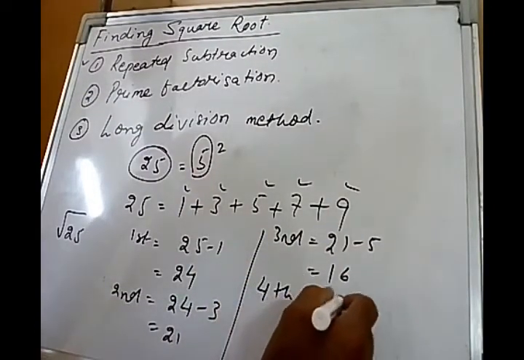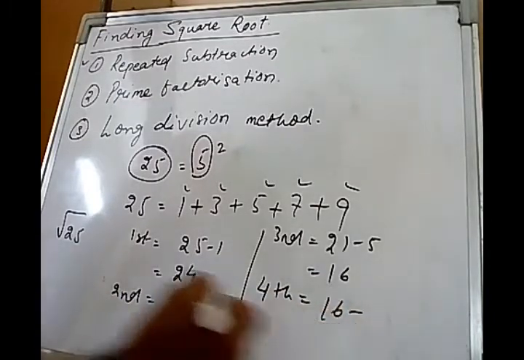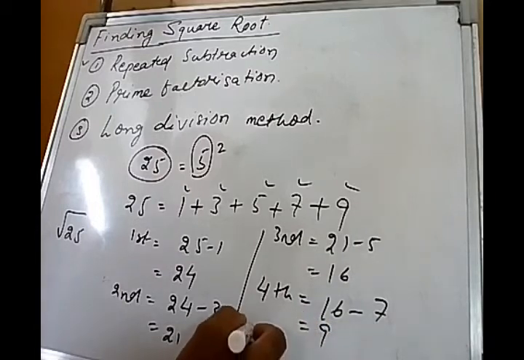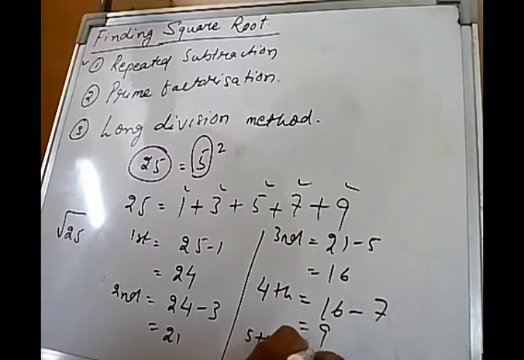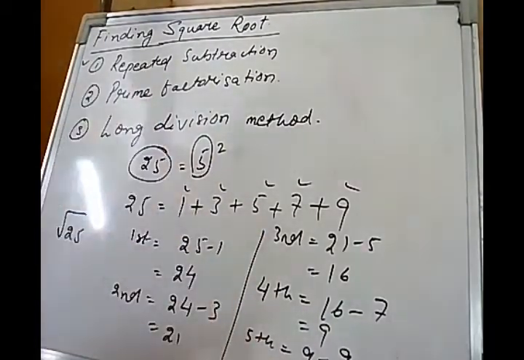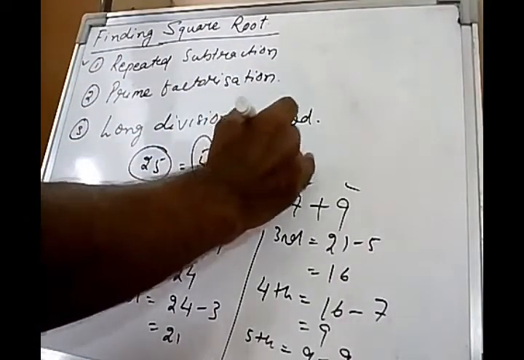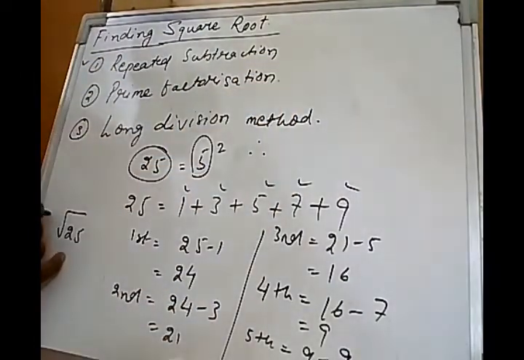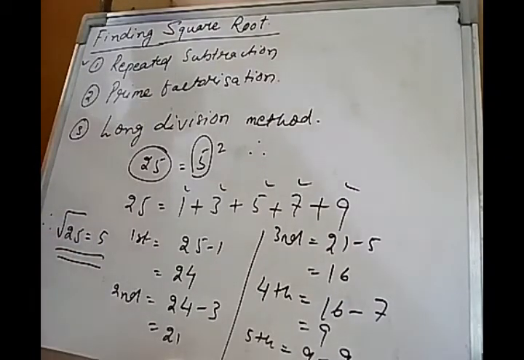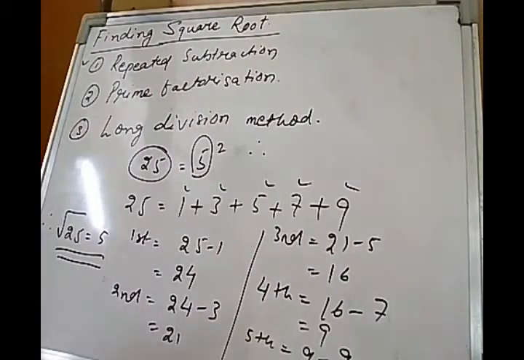Fourth one, the remainder is 16. 16 minus 7 equals 9. Now fifth one, 9 minus 9 equals 0. In how many steps did we get 0? 1, 2, 3, 4, 5. Therefore square root of 25 equals only 5. So this is the repeated subtraction by which we can get the square root of all the square numbers.